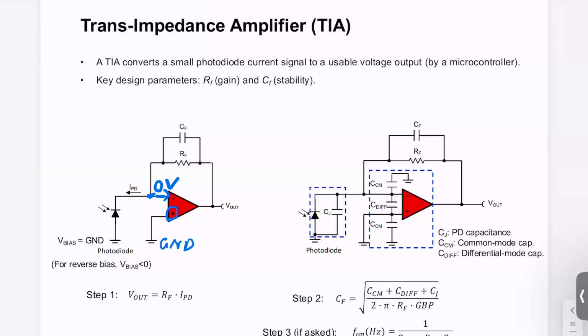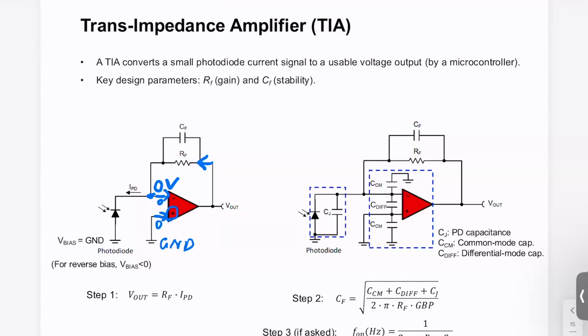So there's no way current can go into an op-amp. The current into op-amps is always 0.